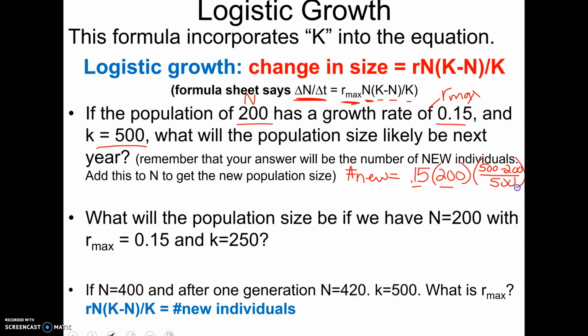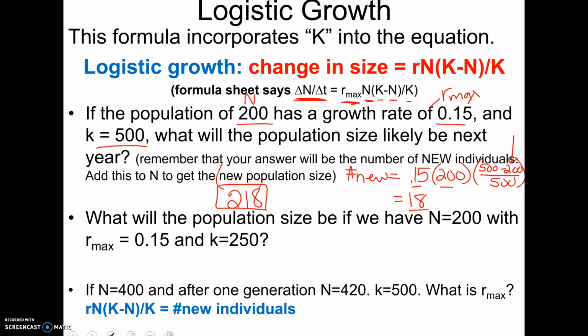Notice that the closer your population gets to K, it's going to make our answer smaller and smaller and smaller. So when you work this out, I believe you get 18 individuals. So the new population size would be 218 individuals. The original population plus the 18 additional individuals.